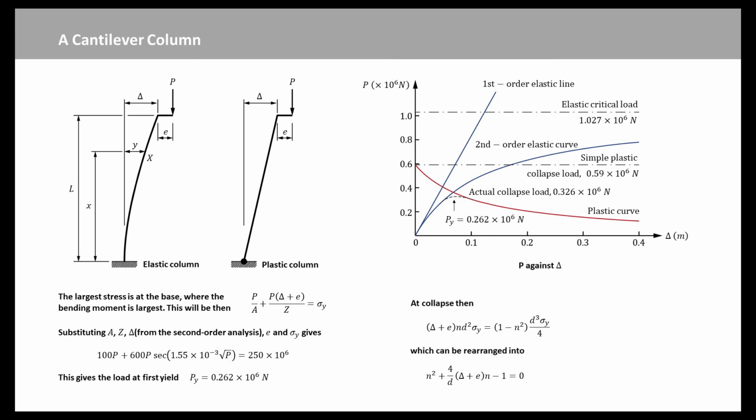In this case, the extra moments and deflections are very large, so that the actual collapse load is markedly less than the collapse load that would be predicted by simple first-order plastic analysis. The P-delta effect is usually less severe than in this example, but it cannot be ignored.